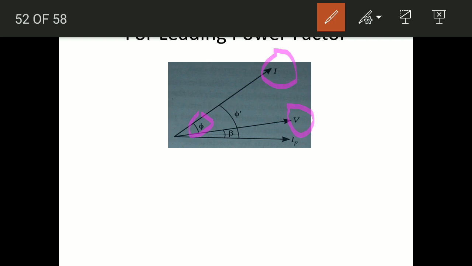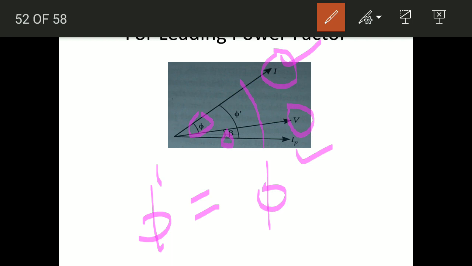Because we know that the pressure coil is of inductive nature, the current flowing through the pressure coil always lags the voltage by an angle of beta. Now if you are interested to calculate the angle between I and Ip, where I is the current flowing through the current coil and Ip is the current flowing through the pressure coil, this angle is going to be equal to phi dash, and in this case phi dash is nothing but phi plus beta.